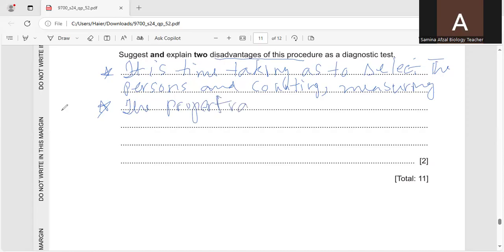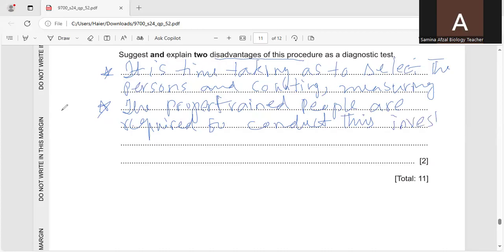Trained people are required to conduct this investigation, which is also a time taking procedure.